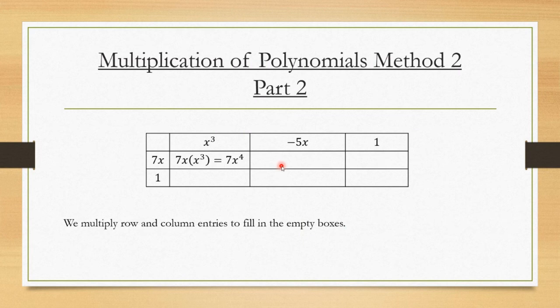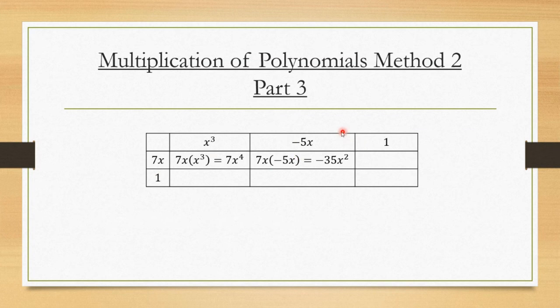terms, excuse me. So for this one here, we're going to have 7x times minus 5x, which is 35x squared. Excuse me, minus 35x squared. See? Then after that, we're going to have 7x times 1, which is, of course, just 7x.